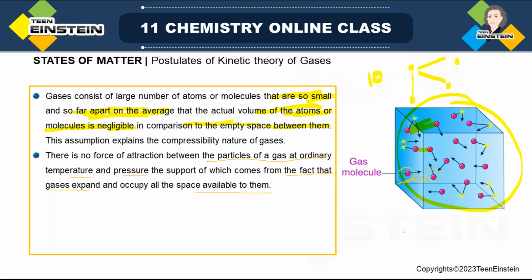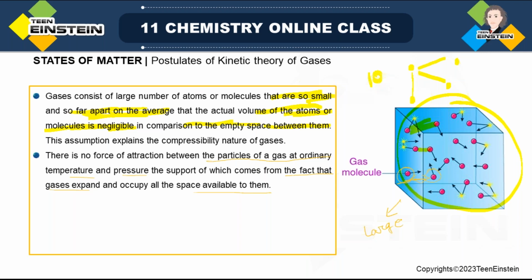But suppose you take a large container and keep the same amount of gas. There will be quick expansion, and they will occupy all the space. Now the space between the individual particles will increase because the total number of particles is the same. Because of the diffusion property, they will occupy all the space available, and a homogeneous distribution will be there.